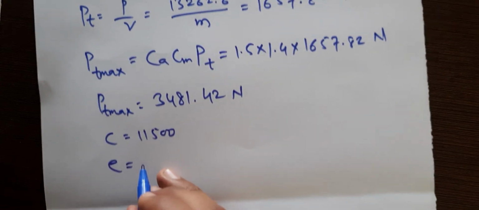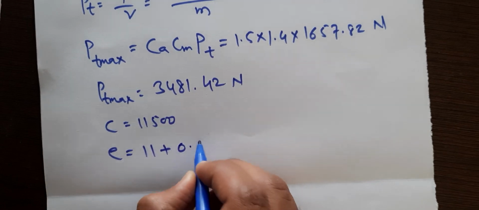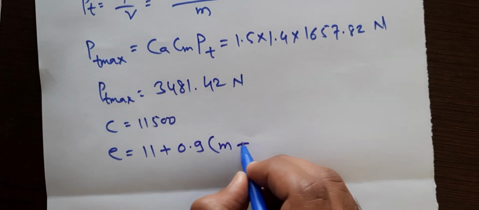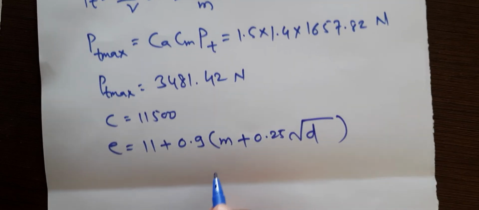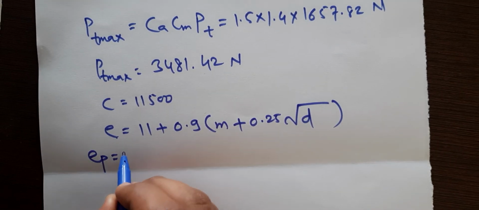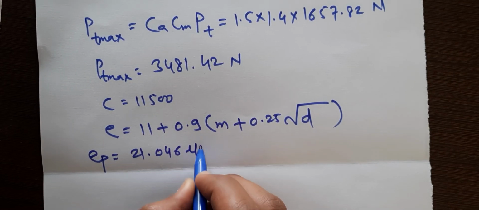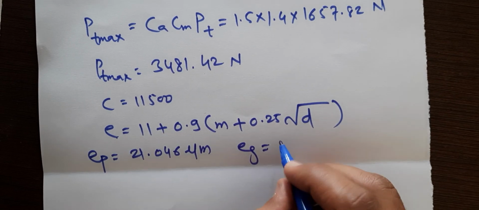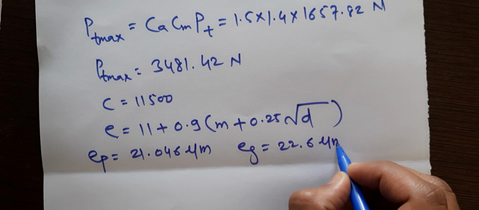Now pitch error for IT grade 7 is 11 plus 0.9 module plus 0.25 under root D. Similarly you have to calculate EP and EG. For EP put here DP, for EG put here DG. After calculating, your EP is 21.046 micrometer, and EG is 22.6 micrometer.